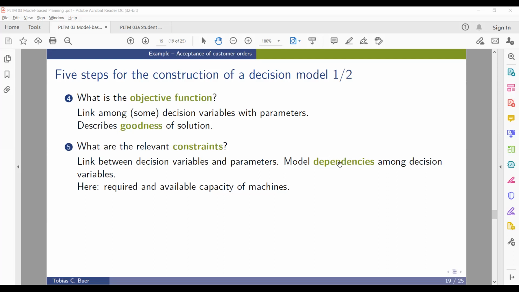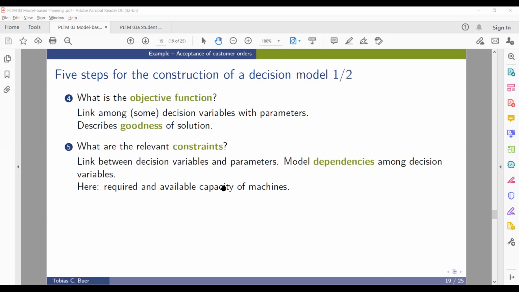What we need to model in this problem is that we do not produce more orders than we have capacity on our machines. So this is a constraint. We need to take into account that the time we can use a machine is limited. That would be a constraint that we need to model somehow.